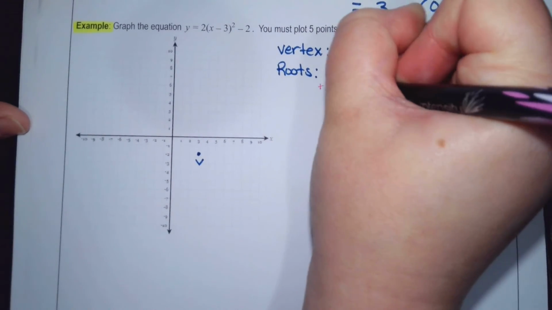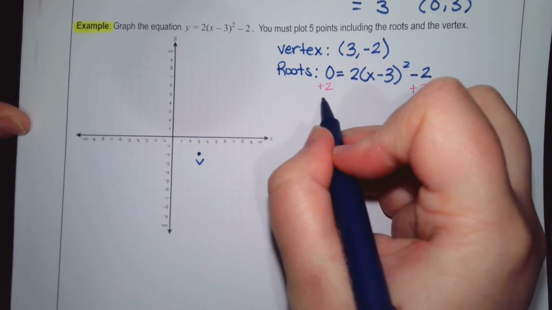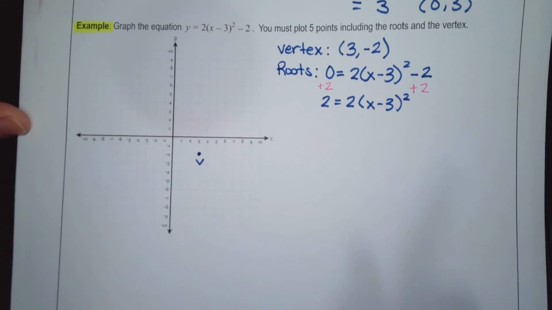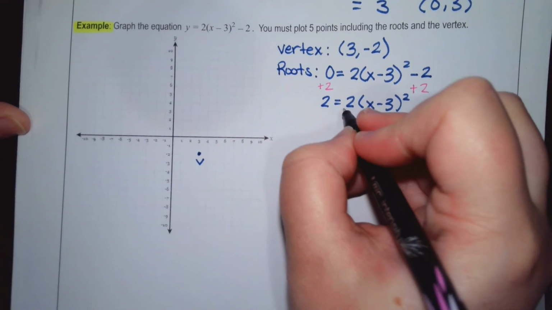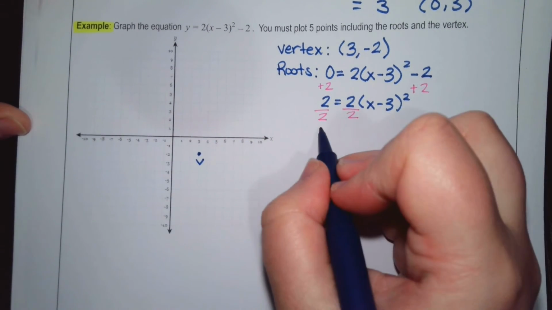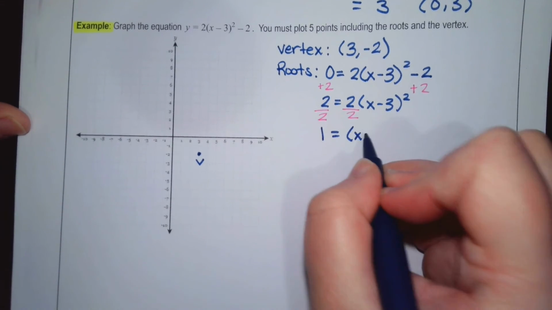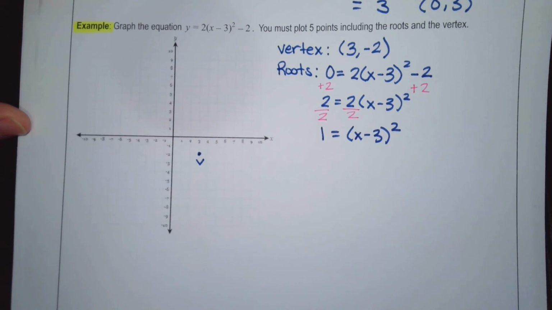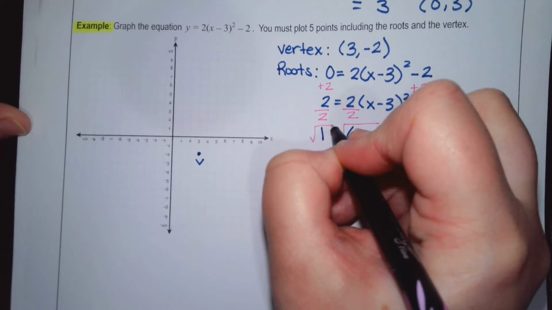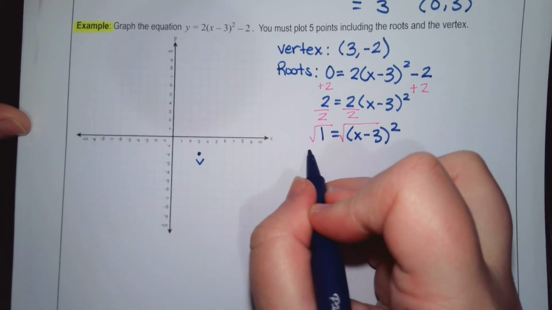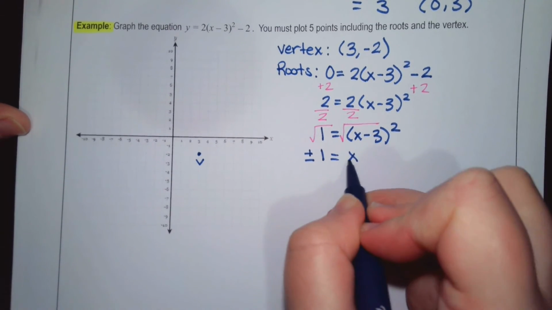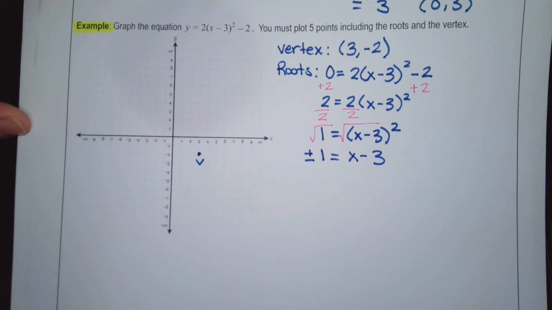Add 2. So we have 2 is equal to 2 times (x minus 3) squared. Then divide by 2. So 1 is equal to (x minus 3) squared. Take the square root of both sides, and we have plus or minus, the square root of 1 is 1, is equal to x minus 3.